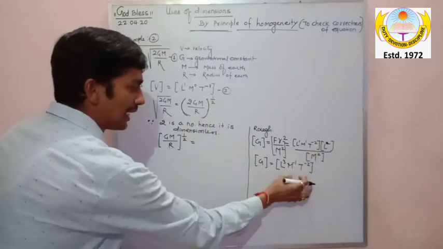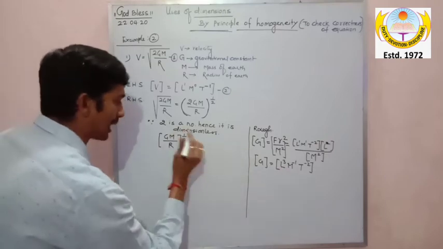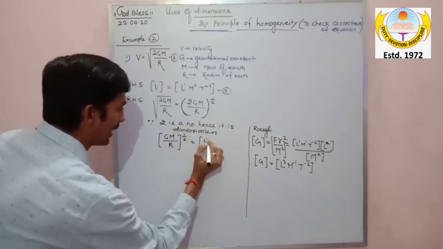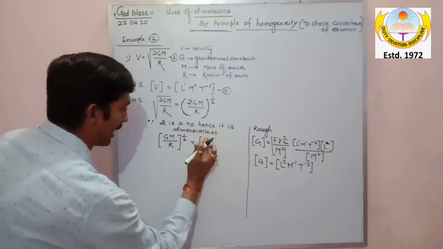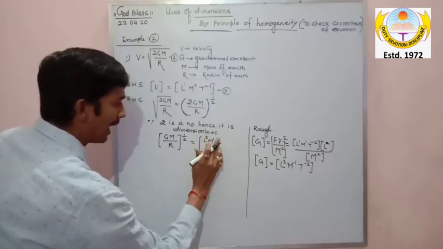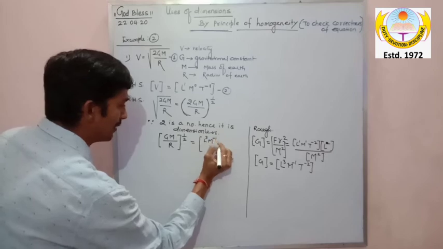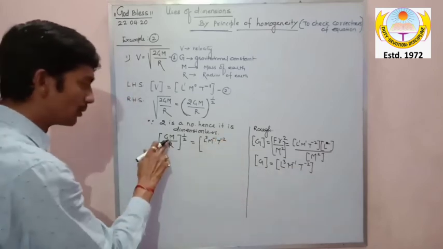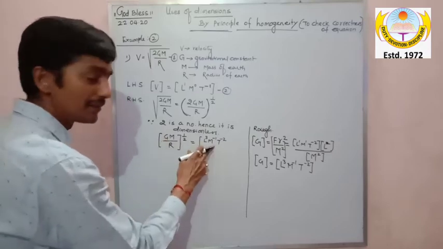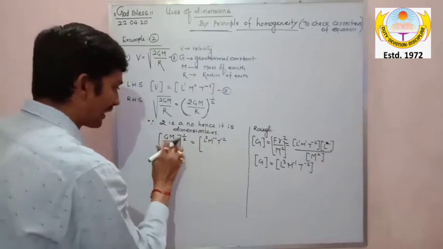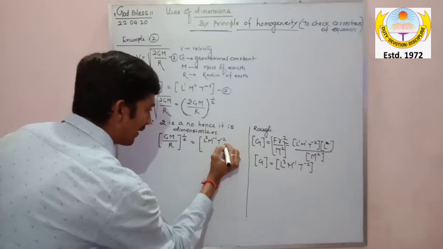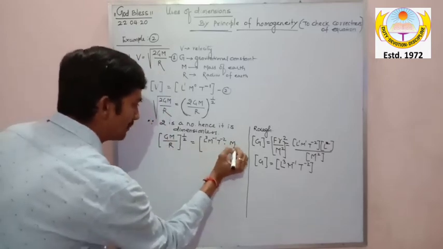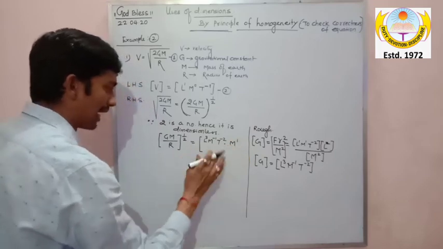So now I have calculated the dimension of G and I will substitute it here. So this is L power 1, M power 1, L power 3, M power minus 1, T power minus 2, into, this is the dimension of G, into, here it is M, so I will write M power 1. So you can do it that way.